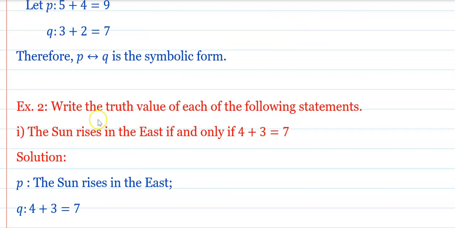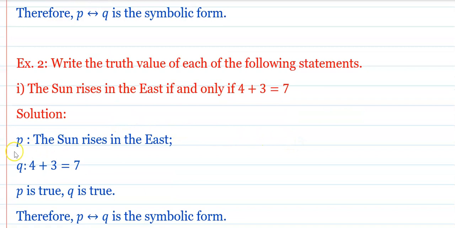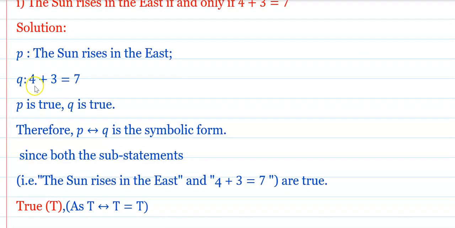Okay. Next, write the truth value of each of the following statements. First, the sun rises in the east if and only if 4 plus 3 equals 7. Now look at this first statement. P, the sun rises in the east. Okay, no problem. Its truth value is T. 4 plus 3 is 7. It's Q. Again, it is correct. Therefore, P is true, Q is true.